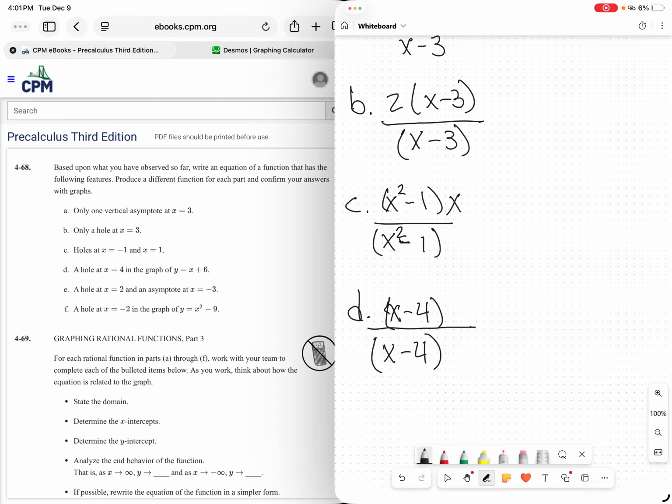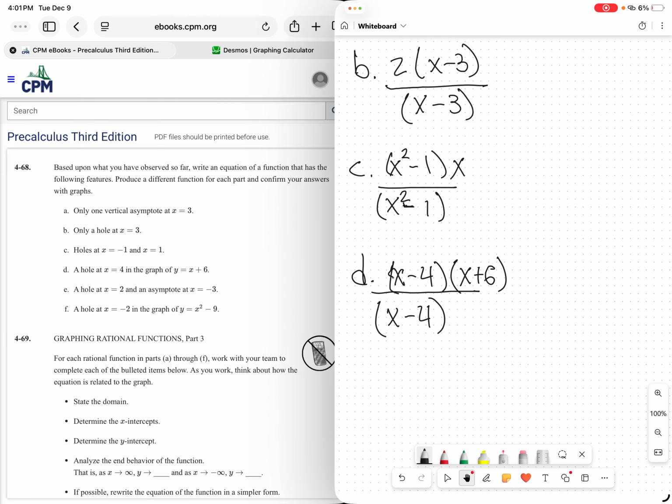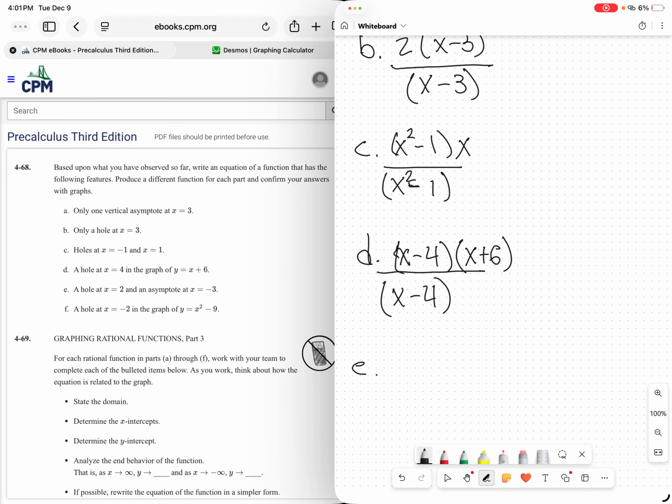Okay, and then in the graph of x plus 6, we're going to put x plus 6 here too, so that'll cancel out our hole and leave us with x plus 6. Okay, E. We have a hole at 2 and an asymptote at negative 3. So again, x minus 2 over x minus 2 times x plus 3.